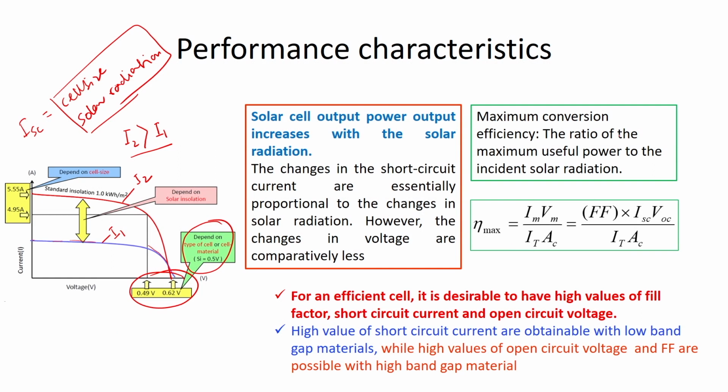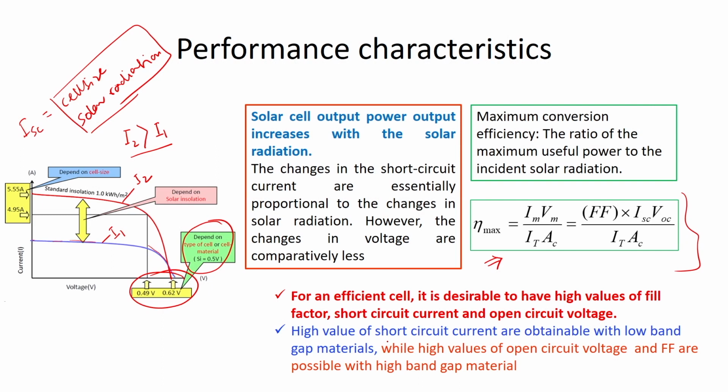And maximum efficiency, which we can define as the ratio of maximum useful power to the incident solar radiation, which can be expressed in terms of FF, is presented here as well. So, for an efficient cell, it is desirable to have high values of fill factor, short circuit current and open circuit voltage.